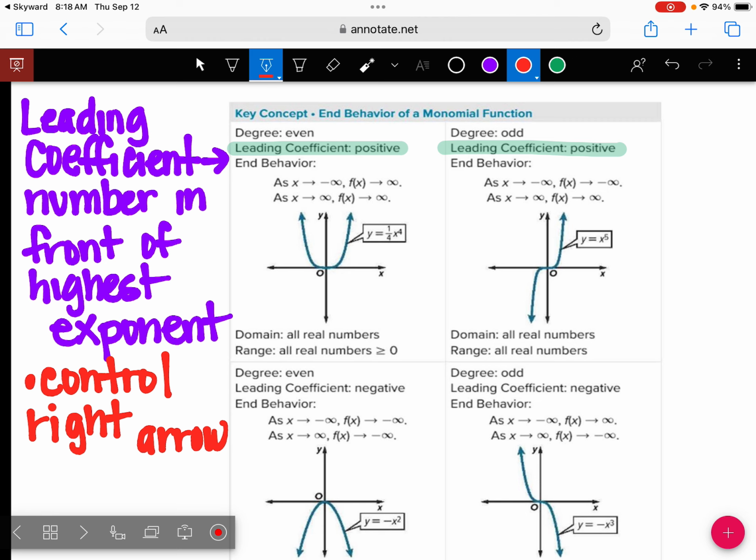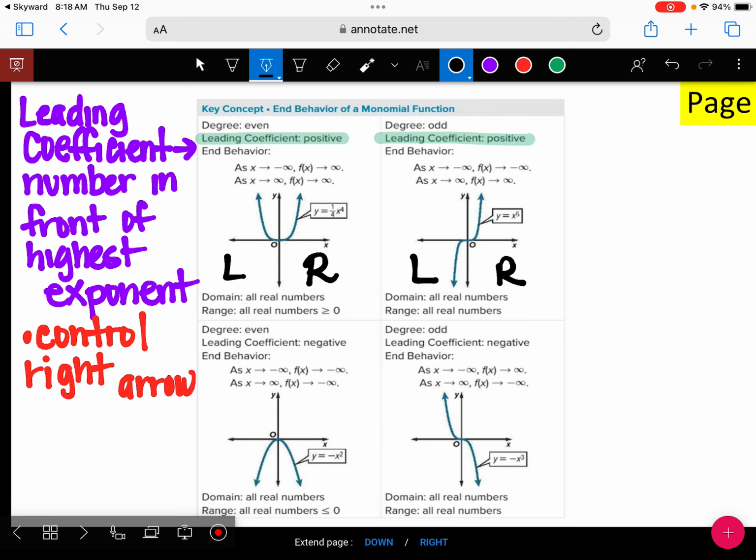So when we look at this chart, I'm going to highlight where it says leading coefficient is positive. Because it's positive, that controls what the graph will do on the right. So this is the right and this is the left. Let's go ahead and write that. Right, left. Right, left. Right, left.